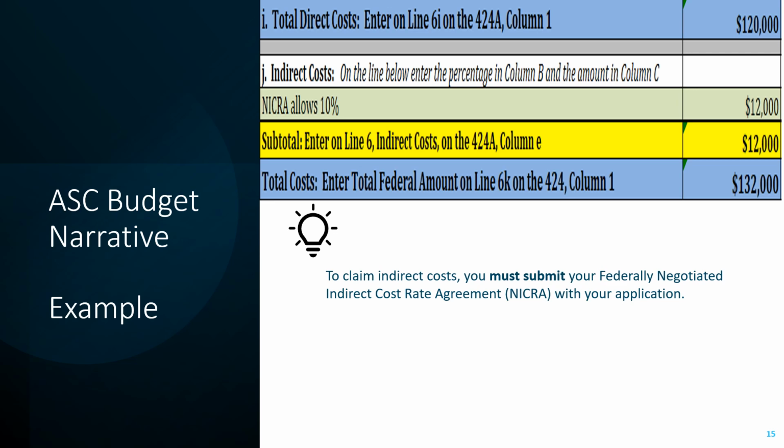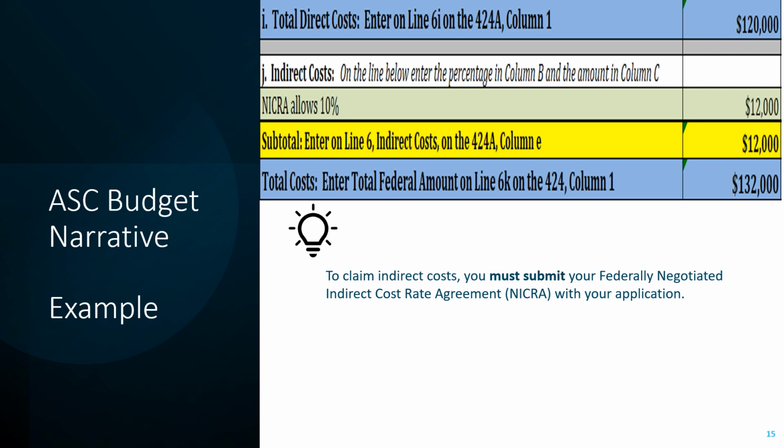As you move through the lower portion of the ASC budget narrative, you will see that total direct costs would auto-populate or auto-calculate. And in our example, total direct costs would be $120,000.